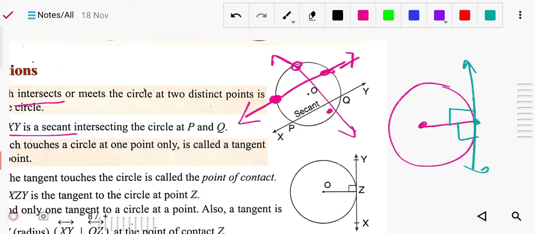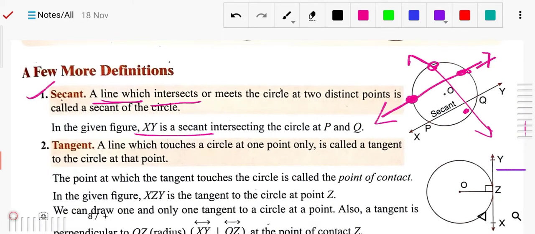Always it will make a 90-degree angle with the radius. Suppose here is the radius, if the tangent is passing through here, it will touch at only one point, and the angle it forms with the radius will be 90 degrees. Okay, so that is your tangent. The point at which the tangent touches the circle is called the point of contact. So this point is called the point of contact.